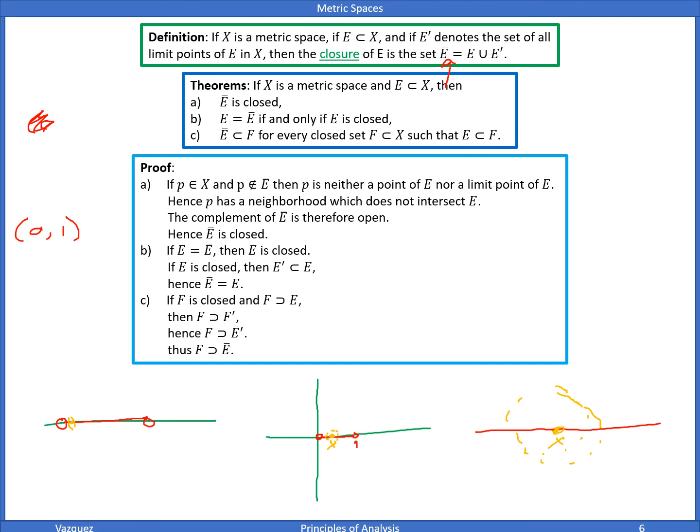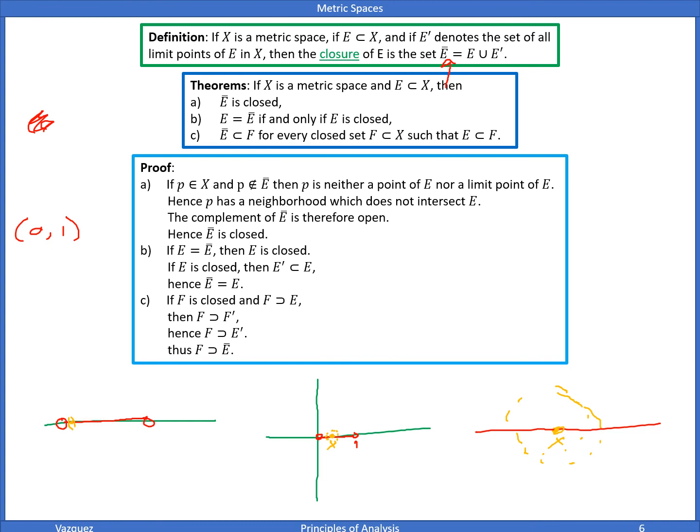Well, notice this neighborhood is not completely contained in the interval (0, 1). Why?